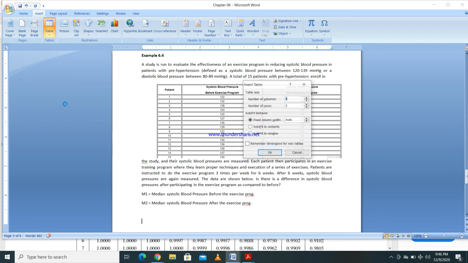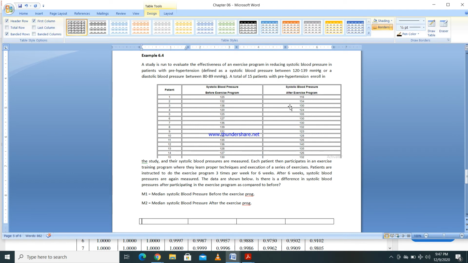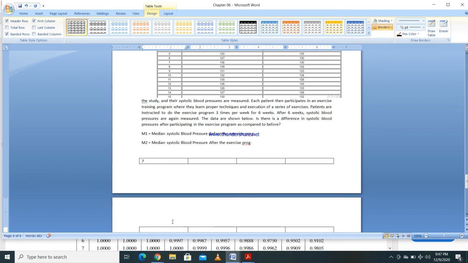So I'll insert a table since that would be easy for us. Okay. So here, the first observation is 125 minus 180. So the difference is equal to 7.